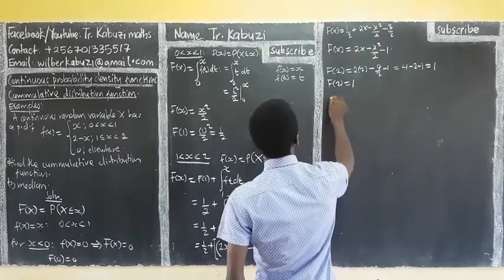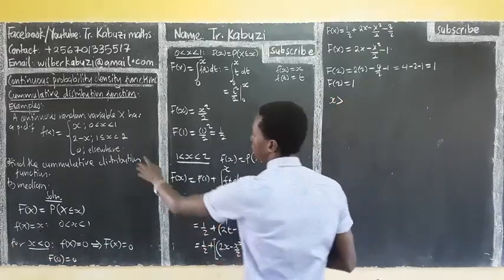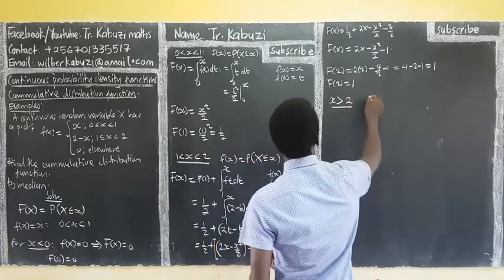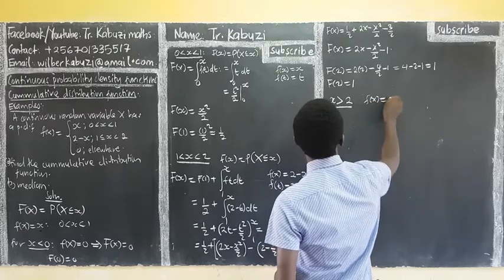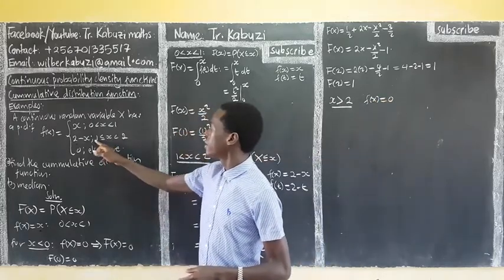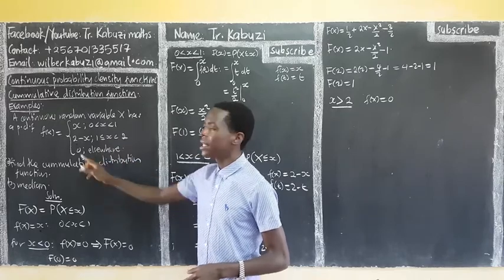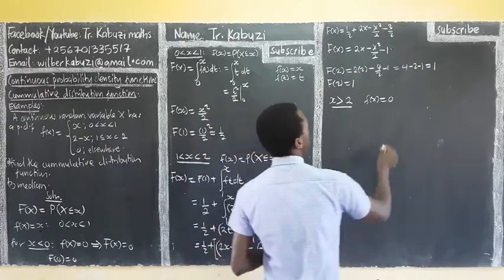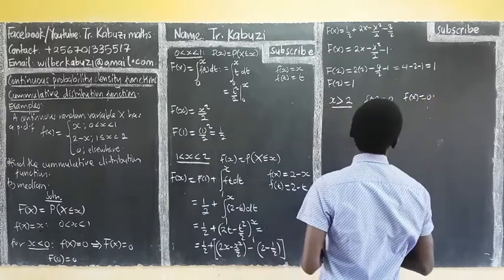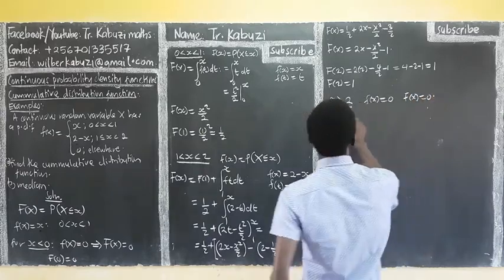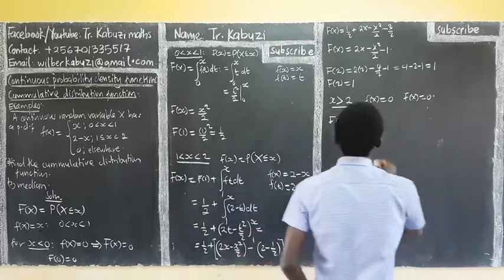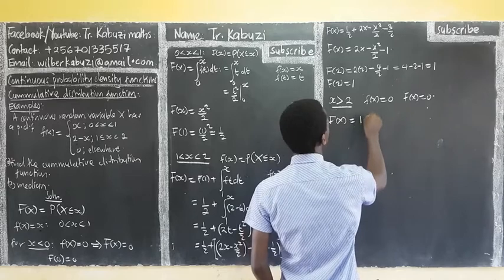Then we come for our last interval when x is above this. When x is above this, there we say that our f of x is 0. Why? Because we say it's 0 elsewhere. So this one is between 1 and 2. Above 2, it's 0. If f of x is 0, then capital F of x is also 0. So now our capital F of x will be 1, then plus.